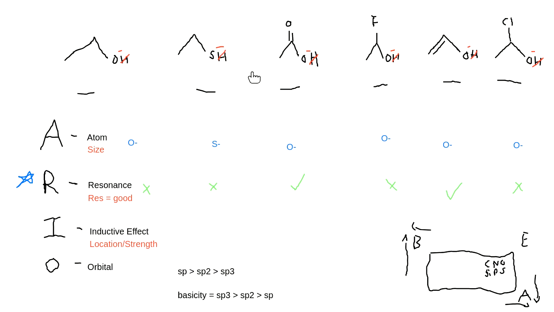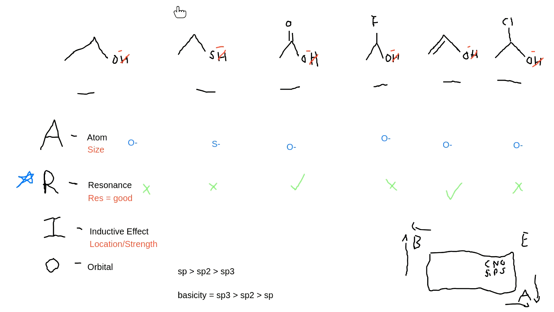It's because when you resonate this negative charge, it resonates onto another oxygen. Whereas here, you go from an O negative to a carbon negative. If you remember from chapter 1, carbon does not want any kind of charges. We want to keep carbon happy. Because of that, this is going to be more stable because oxygen is more electronegative and it can carry that negative charge better.